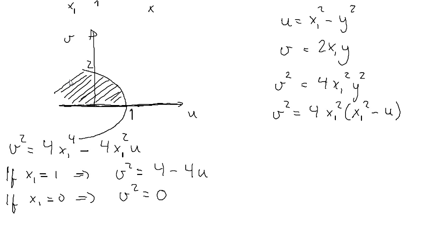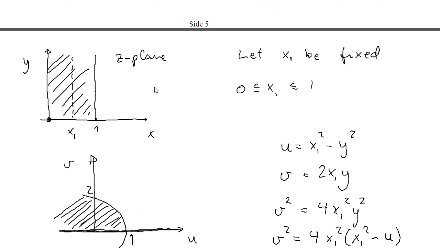So we obtain all this. So what this means is that all points, let's go back to this box, this infinite box, all these points correspond to all these points between x1 equal to 1 and this horizontal line.